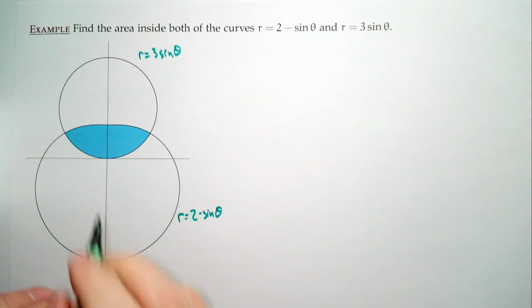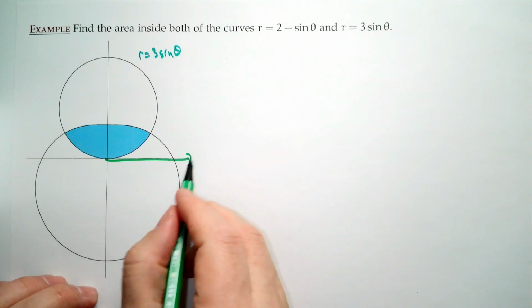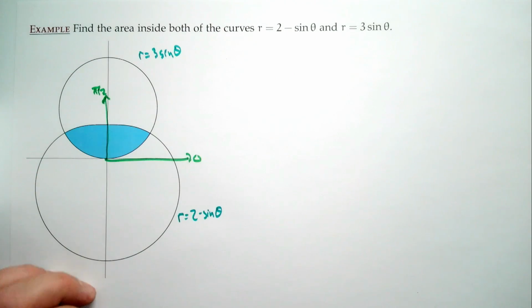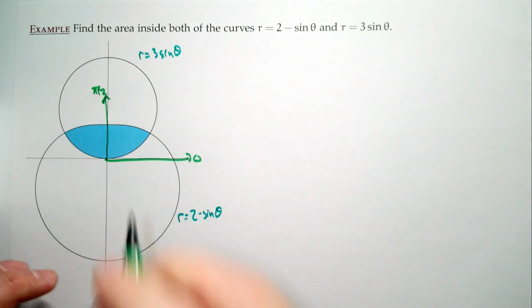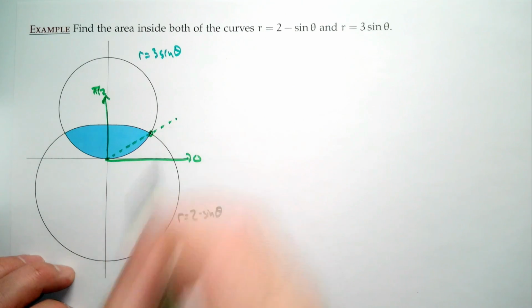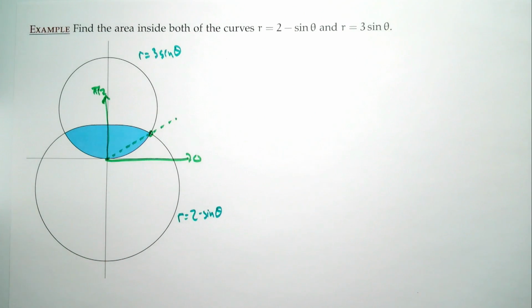People are saying 0 to pi halves and symmetry. Okay, sure, I totally buy into that. We'll double that. Is there anything else we need to know? We need to know where they intersect. So we need to know this angle. How do we find that?